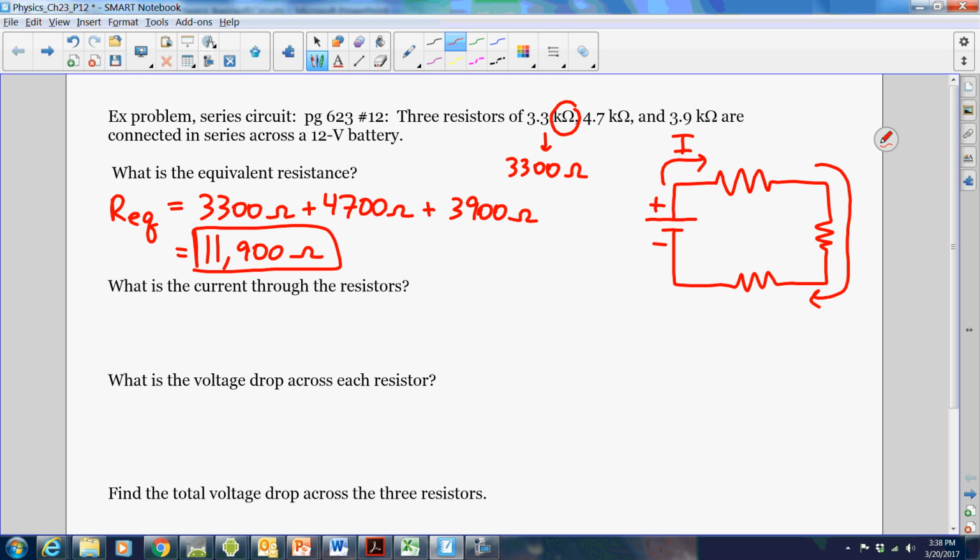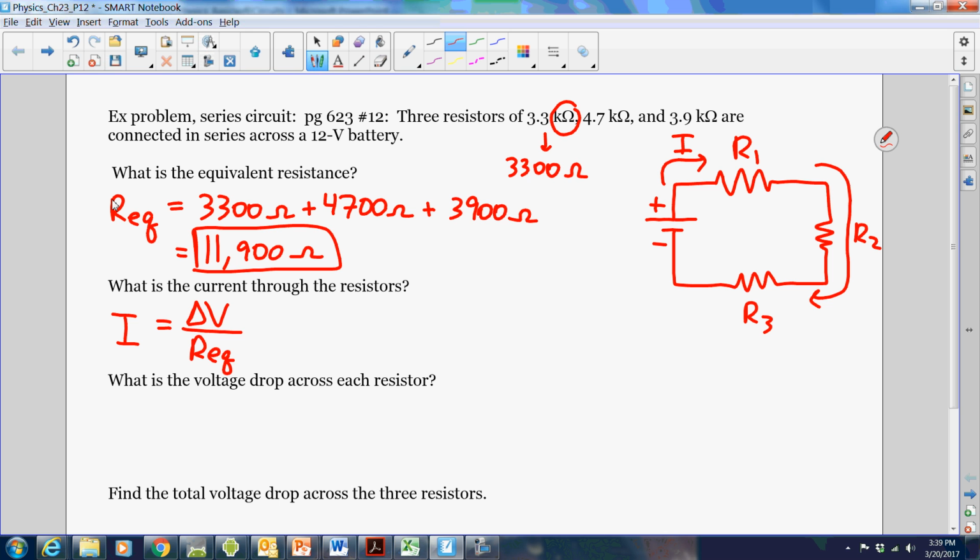The next step often is to find the current. And in a series circuit, since there's only one path current can go, the current through this resistor R1 is going to be the same as R2 and the same as R3. So it's the same everywhere. And the way you solve that is through Ohm's law. So the current would be the voltage from the battery divided by the equivalent resistance, though.